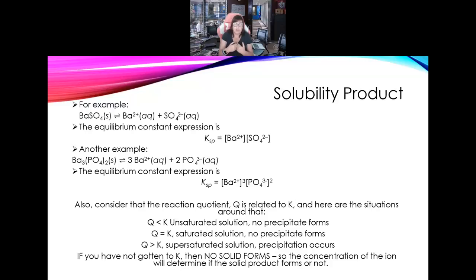The only time I form a solid is when Q is greater than K. That's a supersaturated solution, and so precipitation will occur then. If Q is too small, then I form no solid.